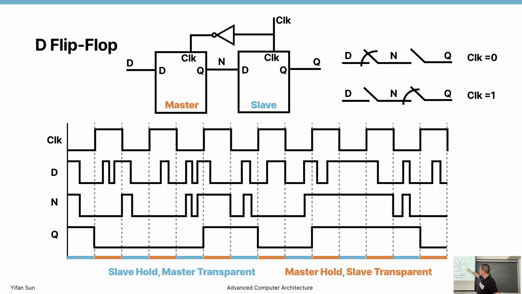I always have difficulty understanding which part is the transparent time. This part is the transparent time. This is hold. From hold to transparent, it always changes at this particular time, so it can only change at that particular time. I think the only hard part to understand is this.